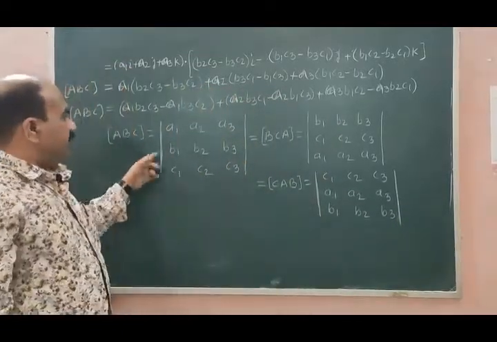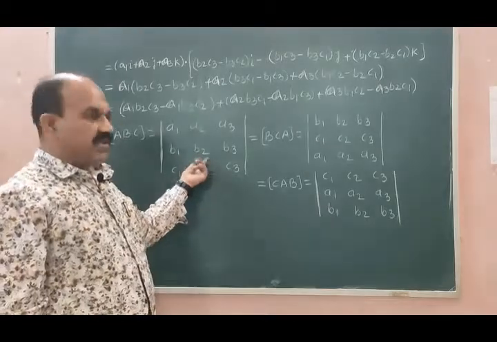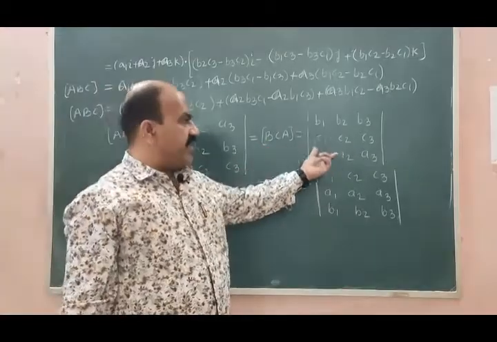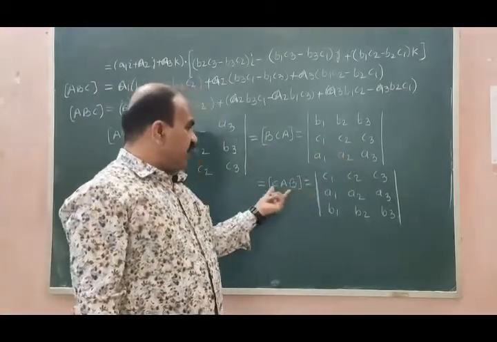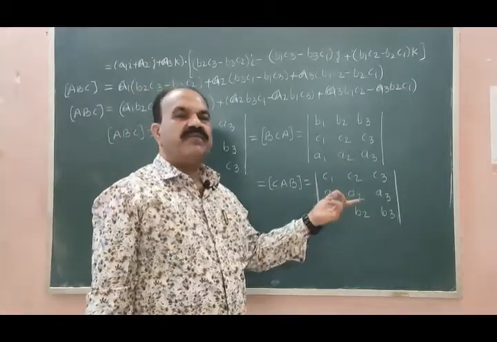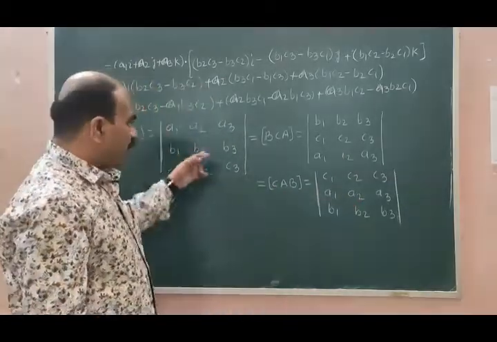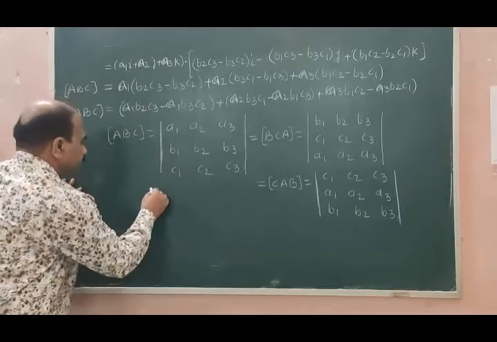Box product ABC is given by this determinant, box product BCA is given by this determinant, box product CAB is given by this determinant. From this equation, what we can write?